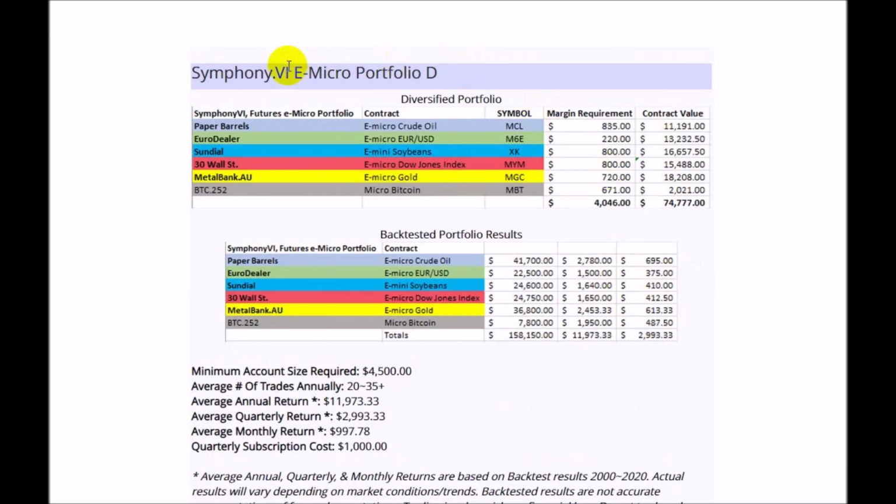Like here's the eMicro system. Costs about $5,000 to get started trading one contract. It'll generate around $900 to $1,000 a month. It only trades 2 times a month on average. It trades in these sectors here. It can be done on your PC or completely hands-free through Striker.